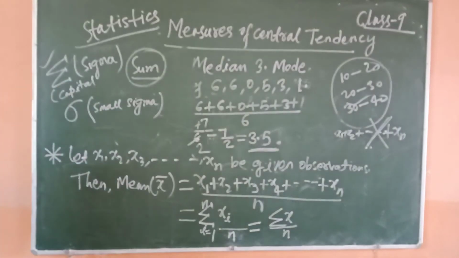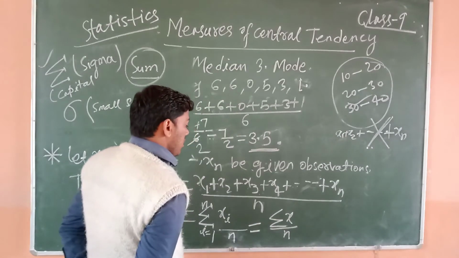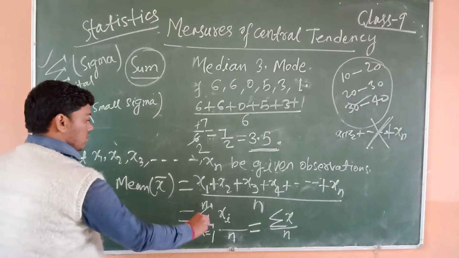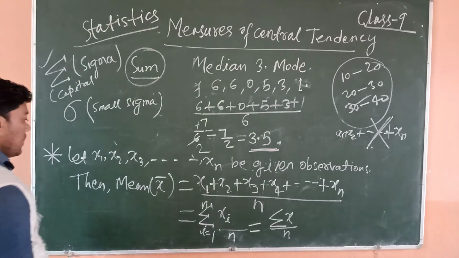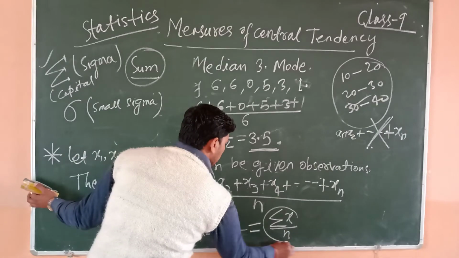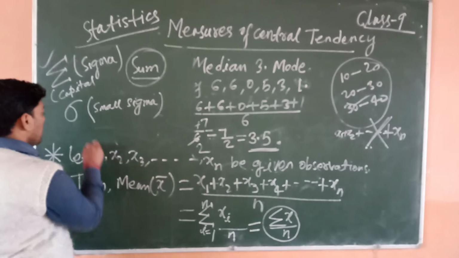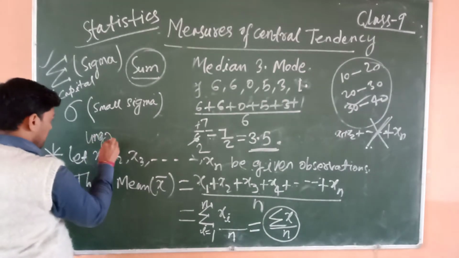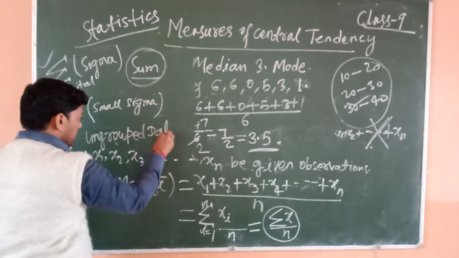Simply we can write sigma x upon n. So sigma is used for summation, and this is the required formula for finding the mean of ungrouped data.